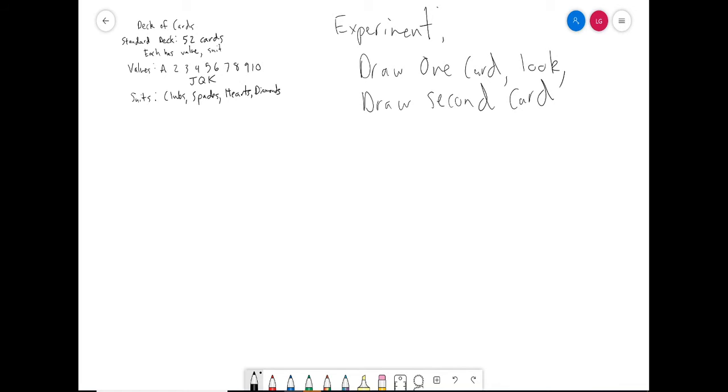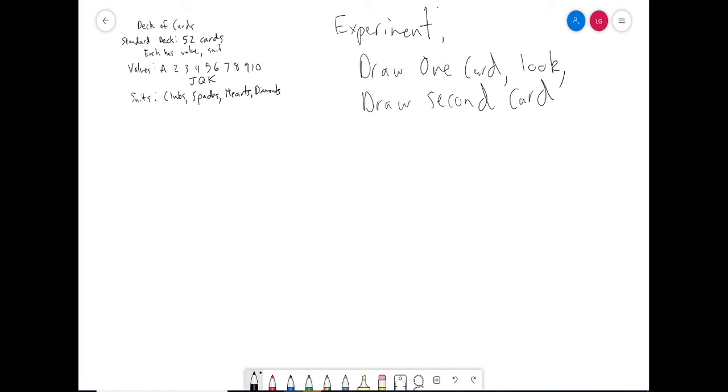When you replace, replace is almost a misnomer, or at least not as helpful as the word reset. If you're replacing the card into the deck, you're resetting the experiment to the same one that you just did. If you've drawn the Jack of Hearts, you put it back into the deck and reset the experiment with another shuffle, then the likelihood of all your cards is exactly the same as it was for the first draw.